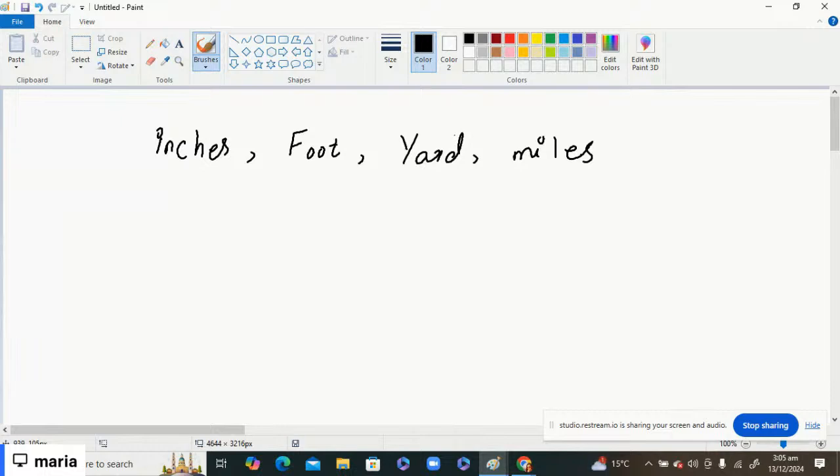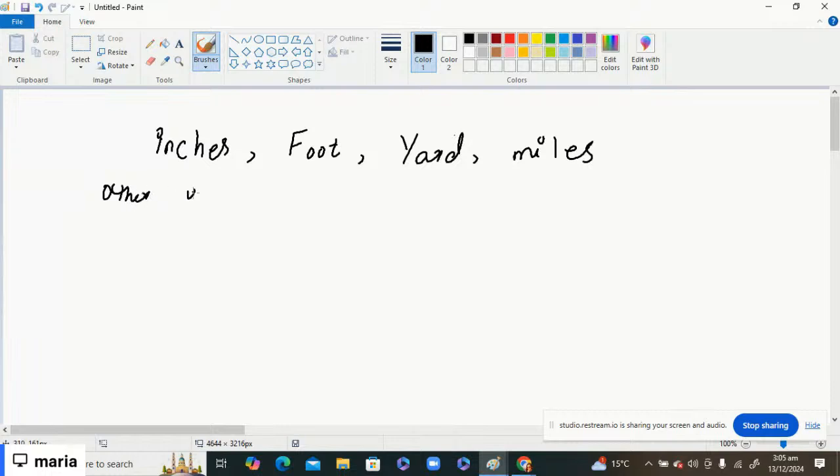These are the most basic units. Other units of length are also included, like kilometers, meters, centimeters, millimeters.